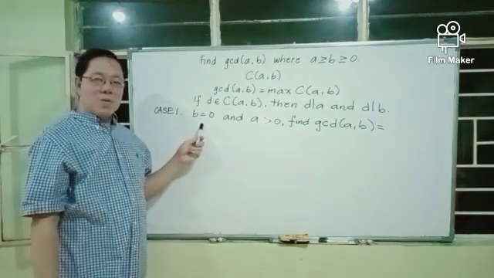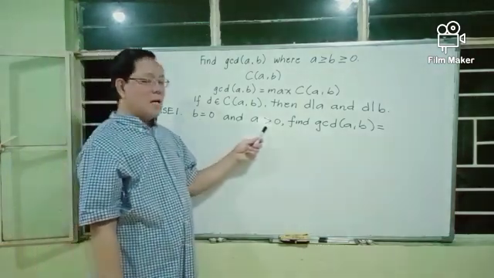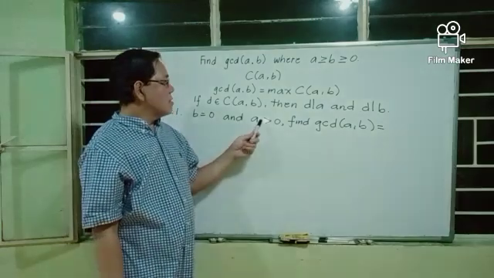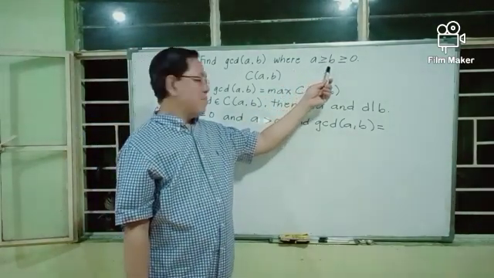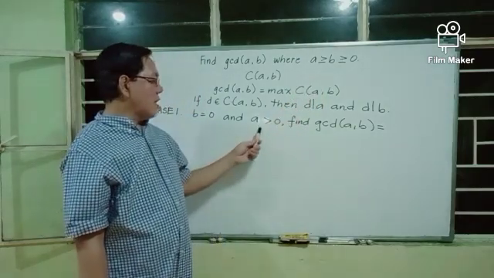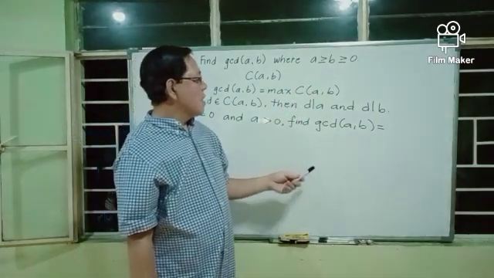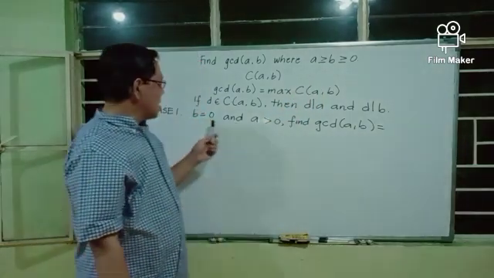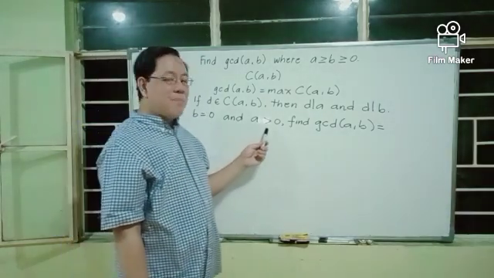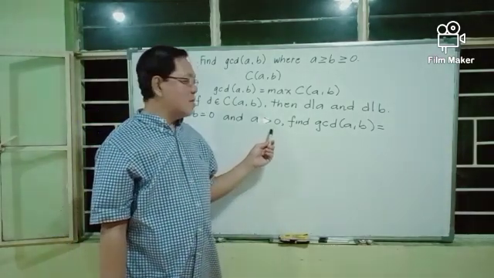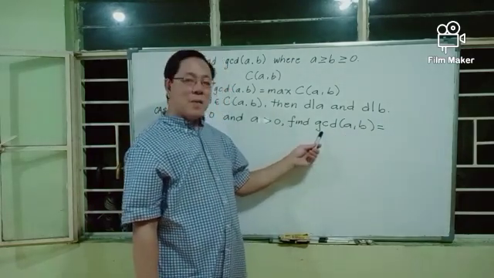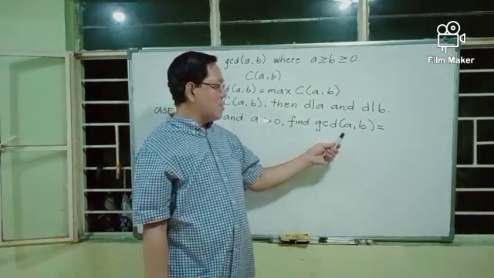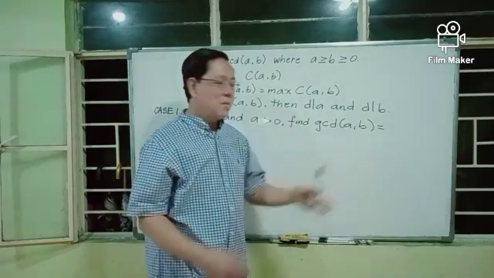If b is equal to 0 and a is greater than 0, then a is greater than b, because b is 0 and a is greater than 0. And for this value of b and for a positive integer a greater than 0, we find the greatest common divisor of ab, and this simplifies to the greatest common divisor of a and 0.